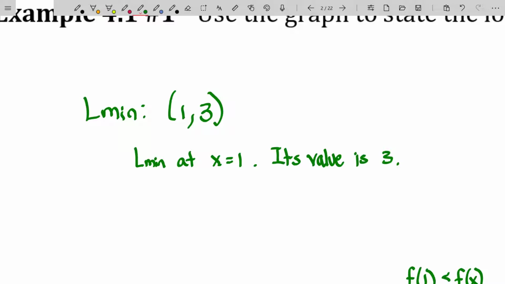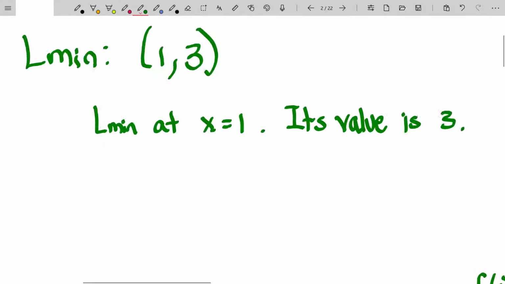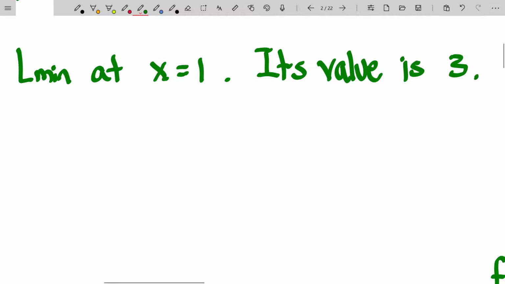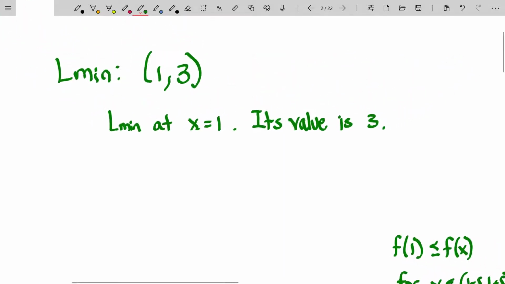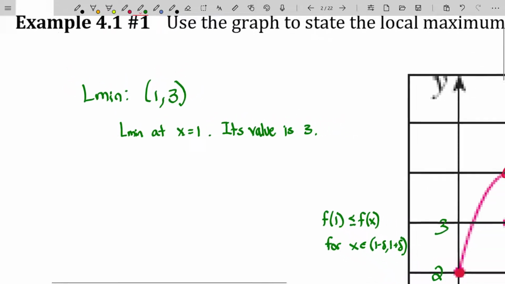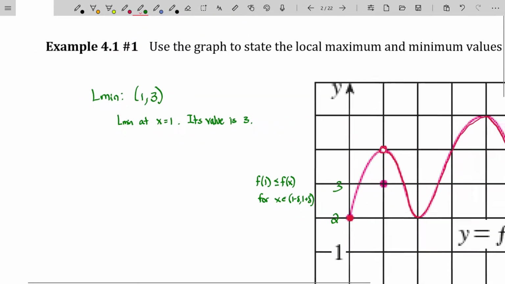It's important to give both of those ways of saying it, because some instructors insist that students write it this way. We have a local minimum at this point, and the value of the local minimum is the y value, and the local minimum occurs at the x value. Minor definitional items.